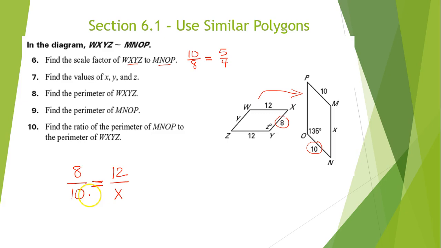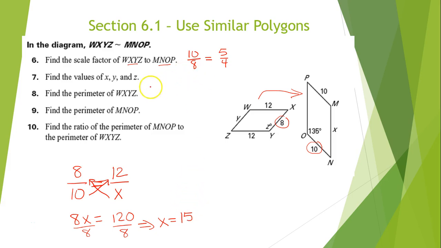Cross multiply, 10 times 12, that is 120. And then 8 times X, that is just 8X. Now divide both sides by 8 and you get X is equal to 15. And there you go. We're done with that one.